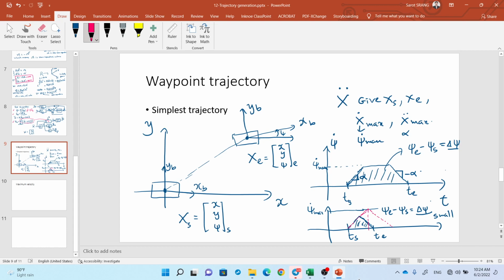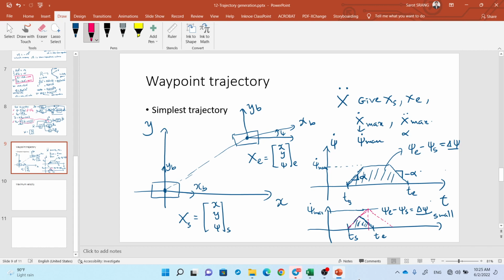So I mean, the value of that delta psi that separates the trapezoidal case and the triangle case. So it means you find the case where you have acceleration motion from here to reach psi equal to psi maximum here.